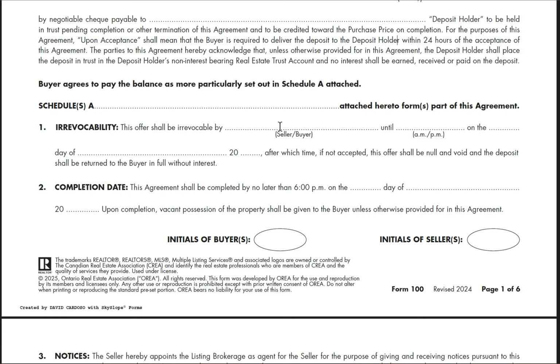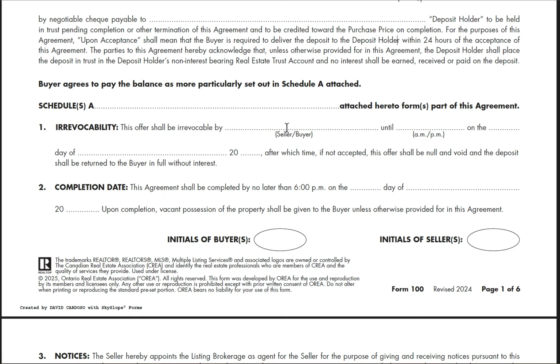Again, let's say the buyer puts in an irrevocable of 12 noon today, and let's say it's 9 a.m., the seller reviews it, and by 11 o'clock a.m., they're saying, okay, we're going to return it.